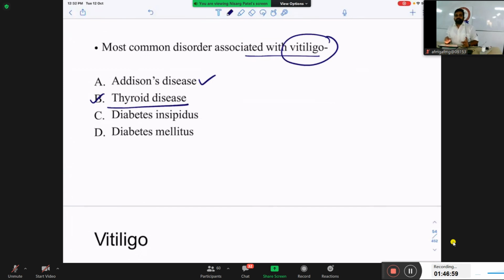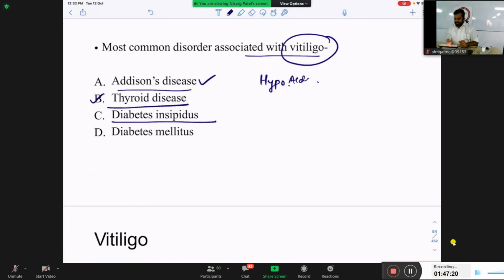Is it hypo- or hyperaldosteronism? It is hypo. What happens in Addison's disease? My autoimmunity destroys the adrenal cortex. Because it destroys the adrenal cortex, I will have hypoaldosteronism.